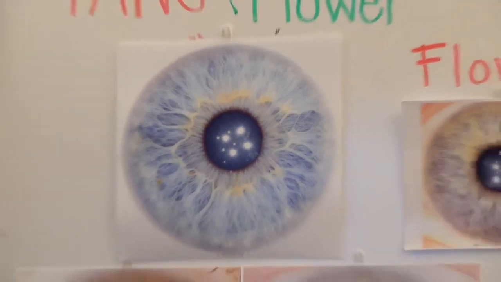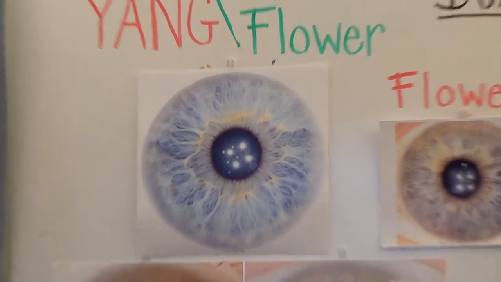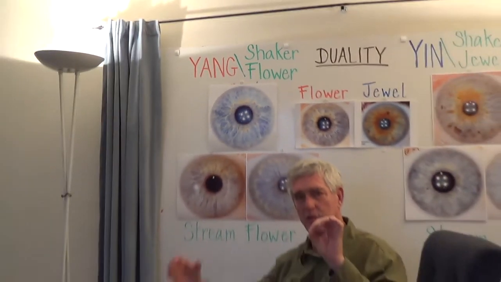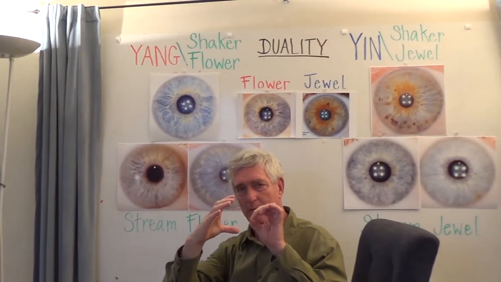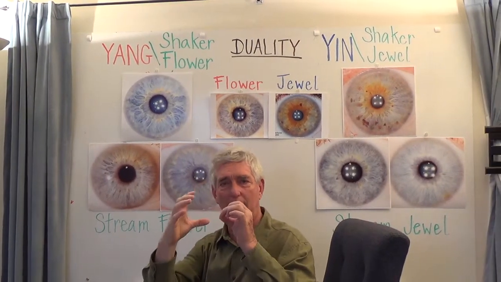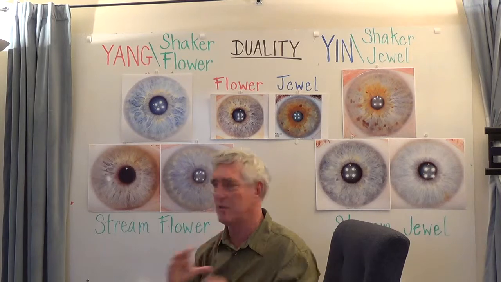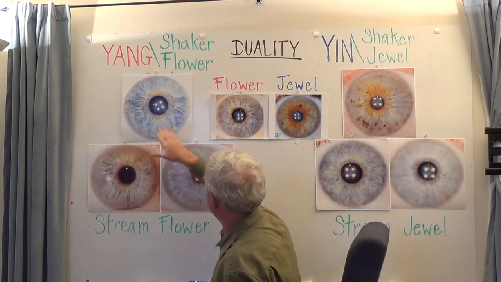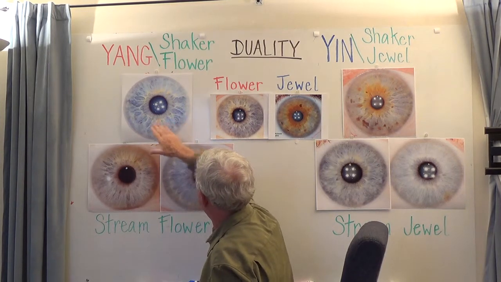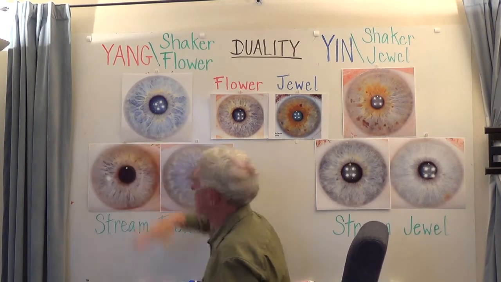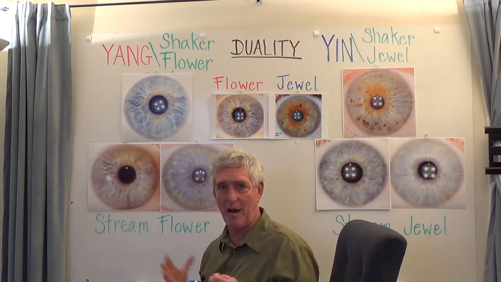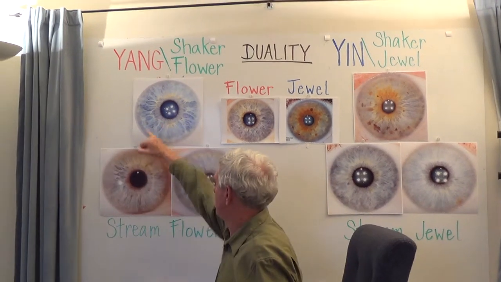Just a slight amount of a distinct jewel brown dot in the same constitution as a flower produces by its very nature a dynamic circulation within that constitution. So this type of structure where you have a lot more flowers than jewels, we call that shaker flower. That just shows the dominance of flower to the number of jewels.